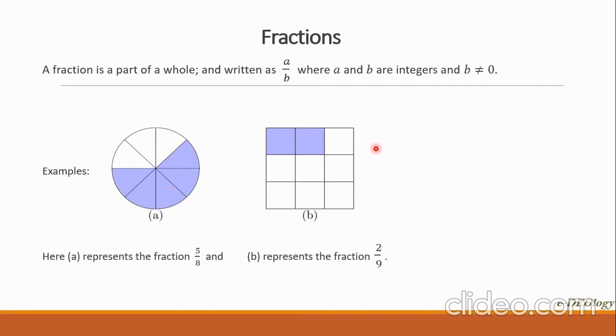Another example is a square on the right side. The square is divided into 9 smaller squares, and 2 of the parts are shaded. So the fraction is written as 2 over 9.